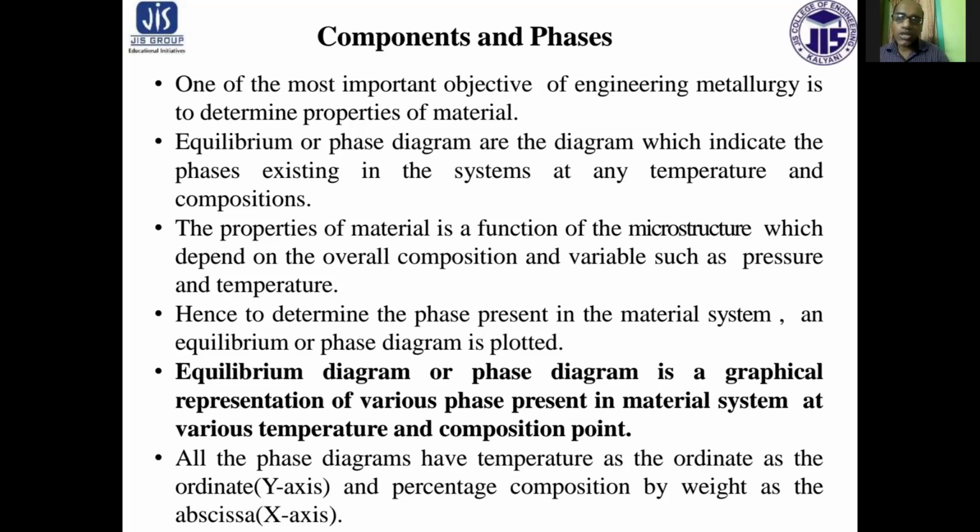The coordinate system of this binary phase diagram uses temperature as the ordinate, that is y-axis, and the weight percentage of second element, that is the solute, as an abscissa, that is x-axis.